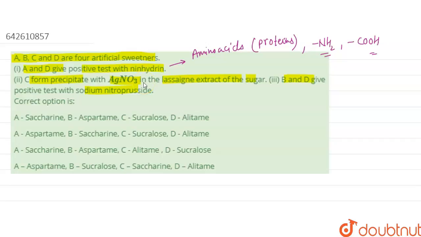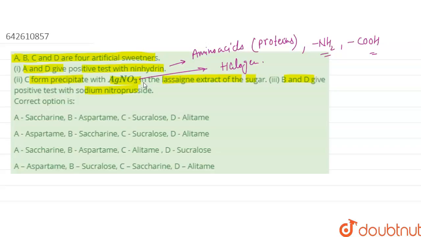If C forms precipitate with AgNO3, it means that there must be some halogen present in C. Now the third statement is B and D give positive test with sodium nitroprusside.